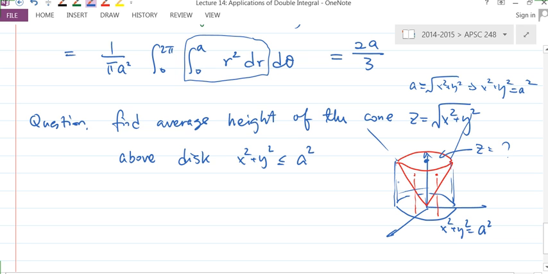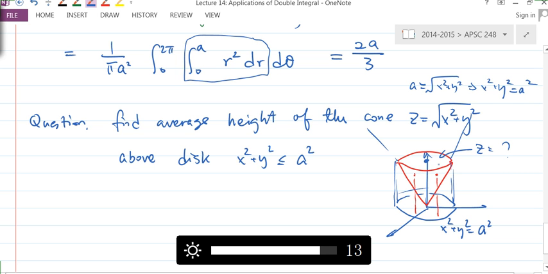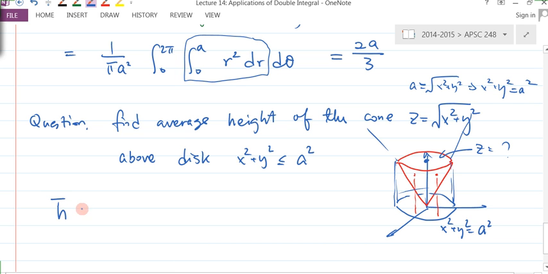Okay, so now back to this question: what's the average height of this cone? If I'm looking for the average height over this region R, how do I formulate this question?